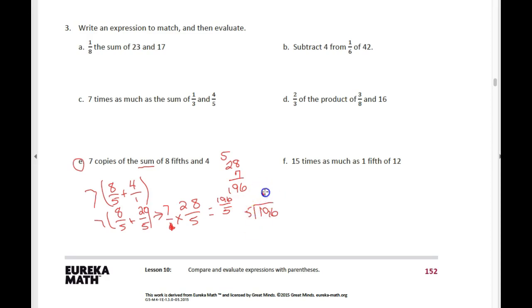I know 3 times 5 will get me 15. That's going to be 46 then. And I know that 9 times 5 is 45. What's the difference between 45 and 46? 1. So 39 and 1/5 is what we get for an answer in that case.